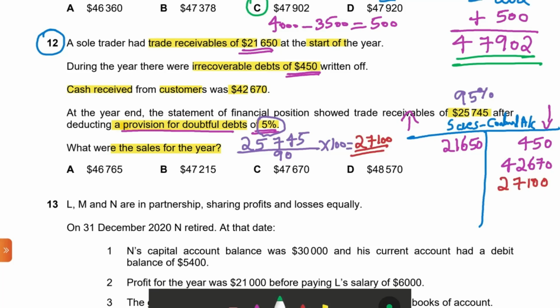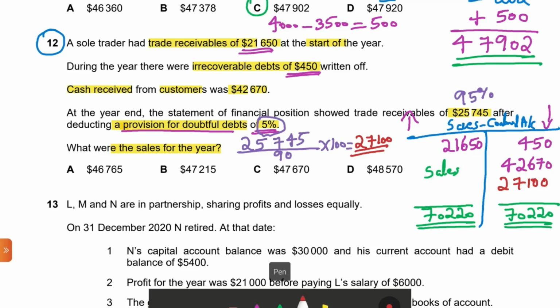So now we have to find the value of the sales. The value of the sales always comes on the debit side. So that is the difference. So what is the credit side total? Credit side total is 70,220. We just balance. The balancing figure is our sales. 70,220 minus 21,650.